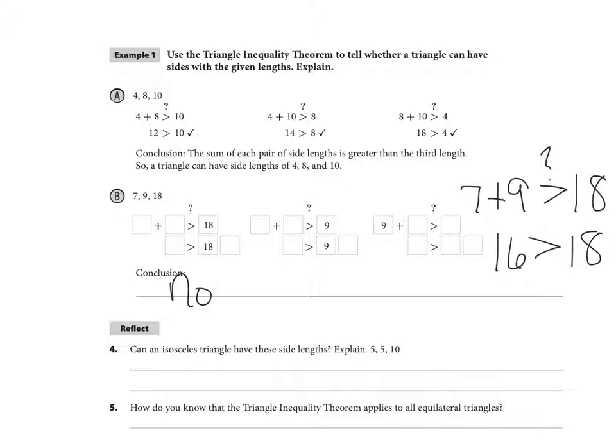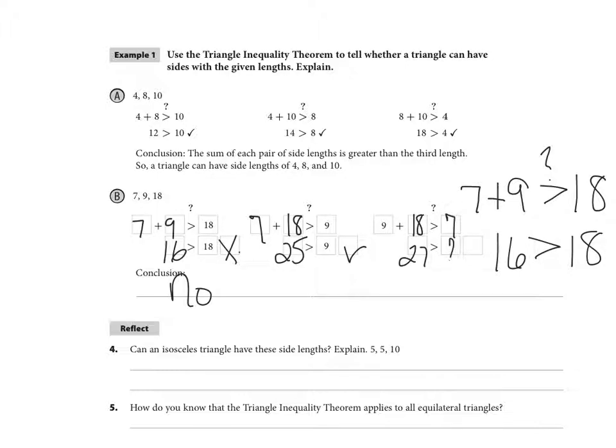Now see, they went through each one of these, and I'll do it for you. They did what we just did, 7 plus 9, and they found out that it did not work. And then they are going to say 7 plus 18, which works. And then 9 plus 18 is greater than 7.